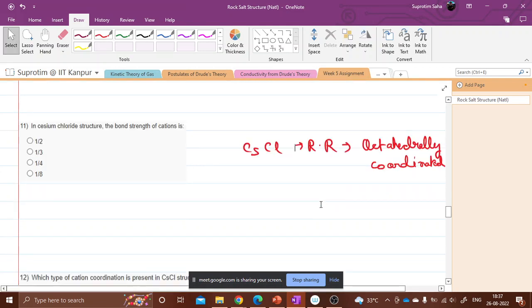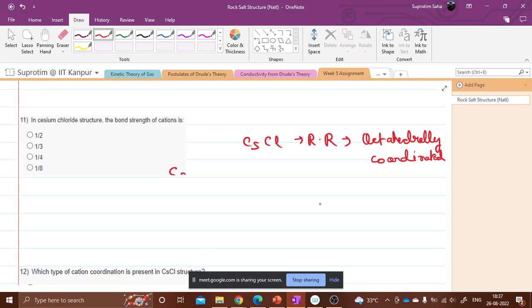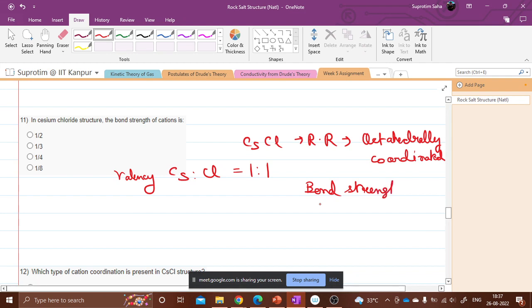Octahedrally coordinated. Okay, so cesium, as for valency, cesium to chlorine is 1:1. Right? So the bond strength which I can obtain, sorry, the bond strength rule: valency of the ion divided by coordination number, right?